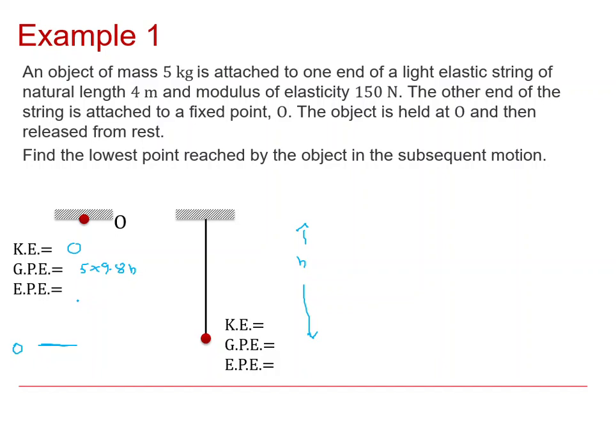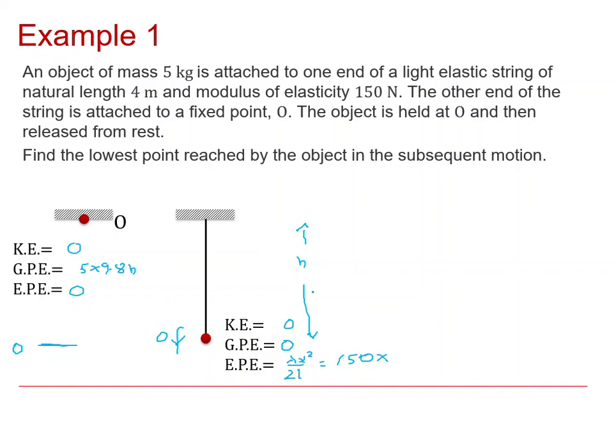The elastic potential energy, initially the string is slack. Now the kinetic energy, if at the bottom there is zero velocity, that's the whole point about saying it's the lowest point of the fall, that will be zero. The gravitational potential energy will also be zero, but we will have the elastic potential energy, and that will come from the term lambda x squared over 2L, which in this case will be the 150 for the modulus, times the extension which we're trying to find.